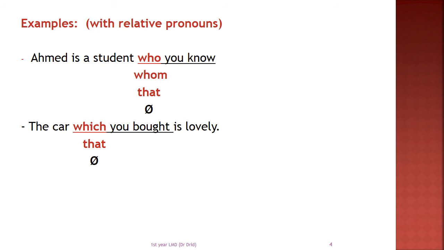The car that you bought is lovely, or the car you bought is lovely. So the function of the relative pronoun is to replace a noun phrase and avoid repetition. This kind of sentence is a complex sentence because it contains a main clause and a subordinate clause.